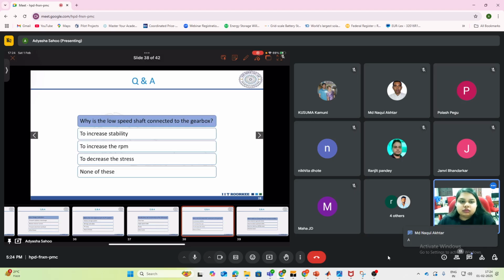Stability. Actually, it is not related to the stability of the wind turbine.